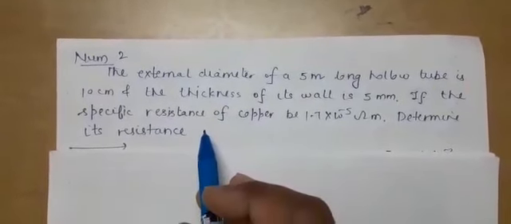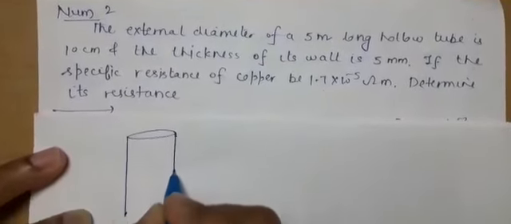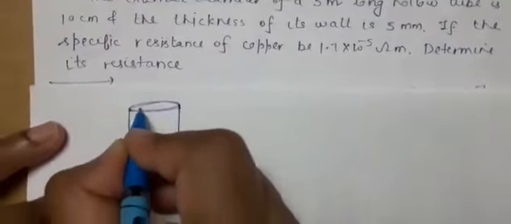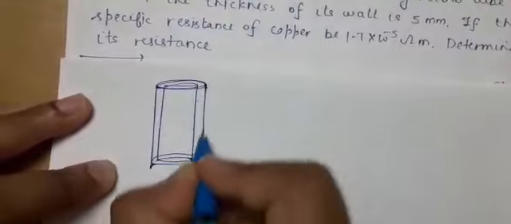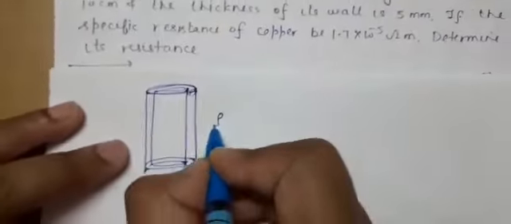Suppose this is a tube whose external diameter has been given, and it has a thickness. This thickness has also been given to us, and the specific resistance of the material is given.